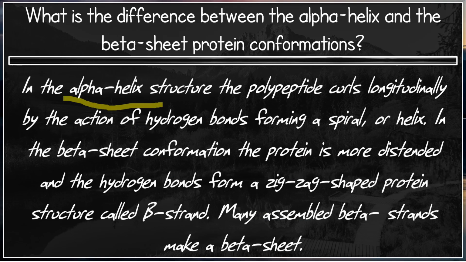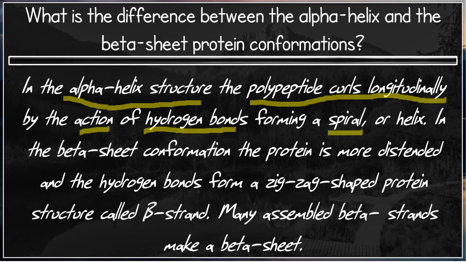In the alpha helix structure, the polypeptide curves longitudinally by the action of hydrogen bonds, forming a spiral or helix.